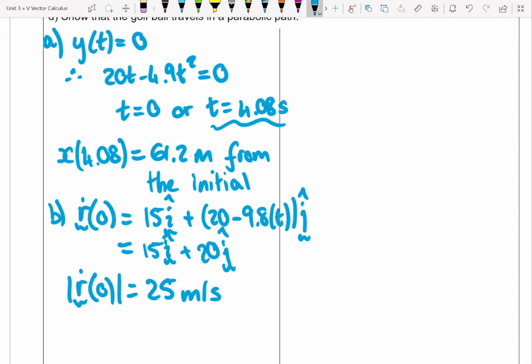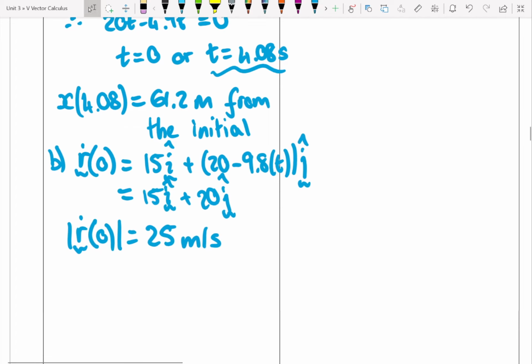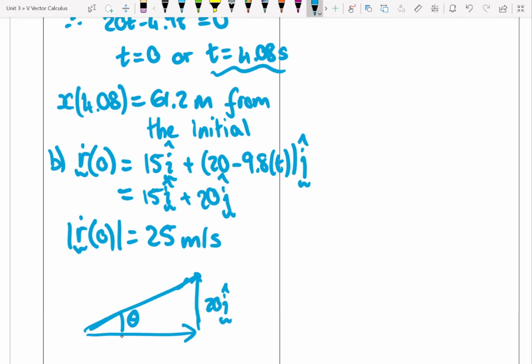The angle is going to come from the inverse tan of the y component over the x component. So if you imagine this is our angle of impact, we know that it's got a speed vector coming up of 20j and a speed vector coming out of 15i.